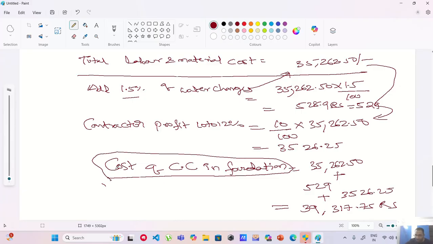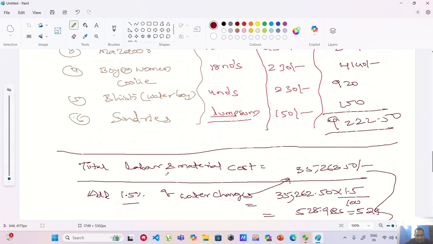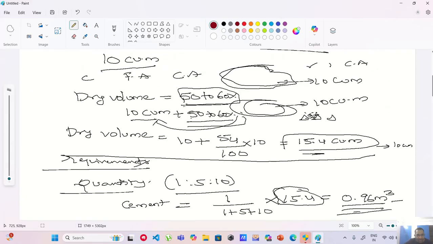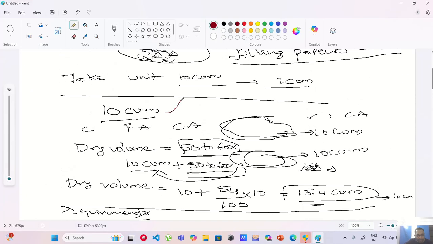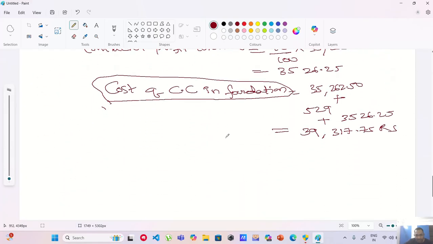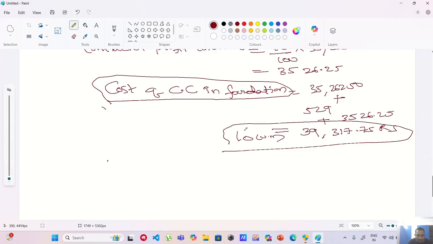So this work we calculated in quantity as 10 cubic meter. Do you remember in the starting? We calculated the entire work in 10 cubic meter. But in our problem, the unit in the given question is 1 cubic meter.